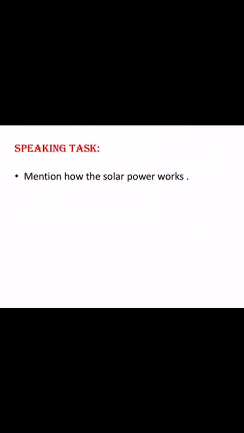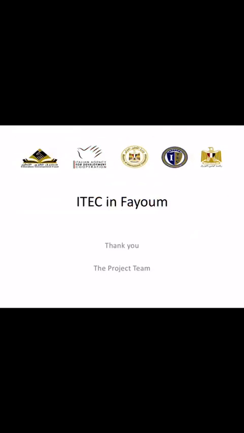And here's another video talking about the solar panel, and I want you to check this video. Go back to your technical teacher and ask them about the solar panel and the solar cells for more information, of course.